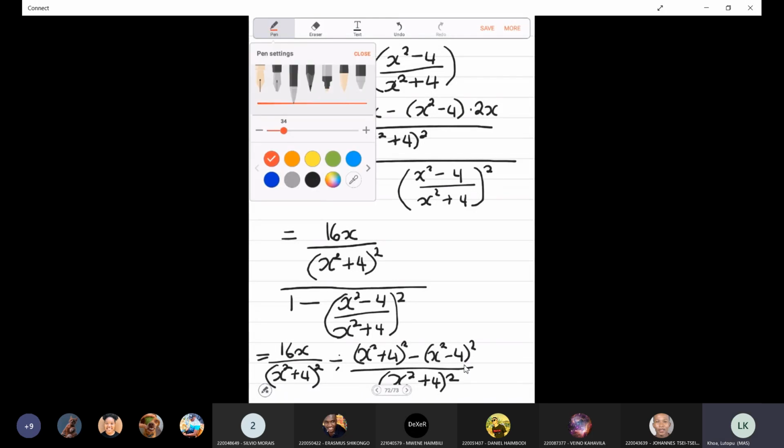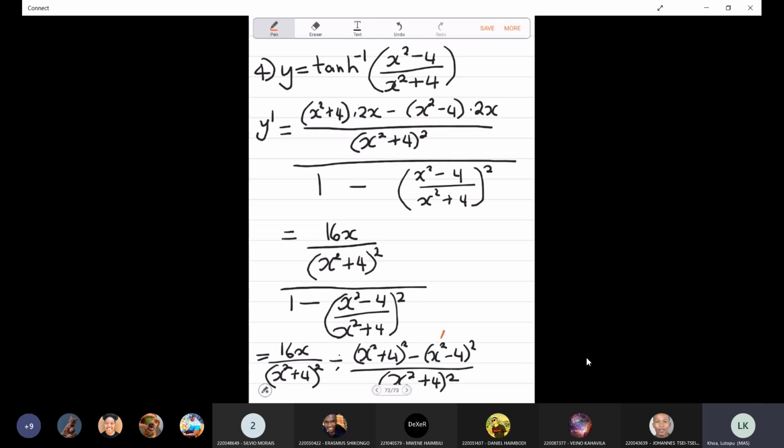Let's do it here. So this part here, we have x squared plus 4 minus x squared plus 4, and then x squared plus 4 plus x squared minus 4. Okay, those two will cancel. So in the first bracket, I have 8. And then in the second one, I have 2x squared.